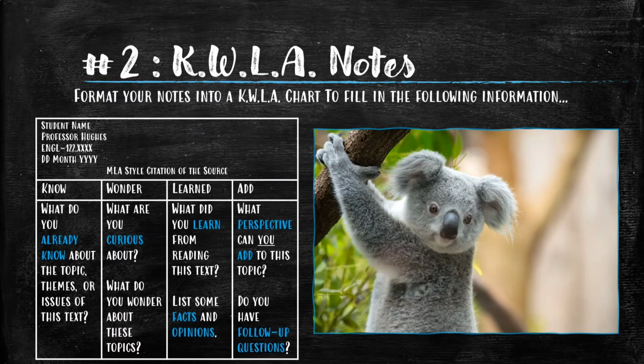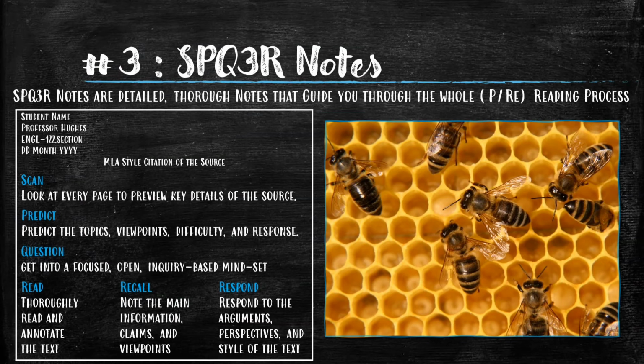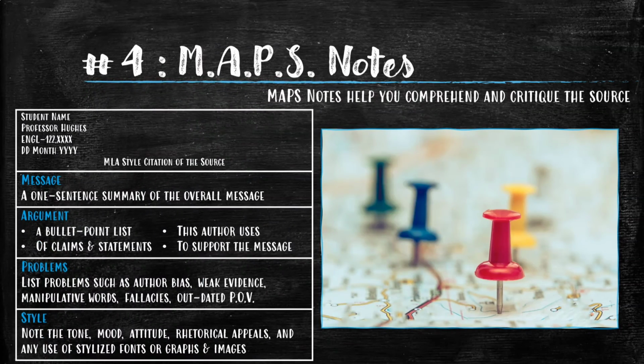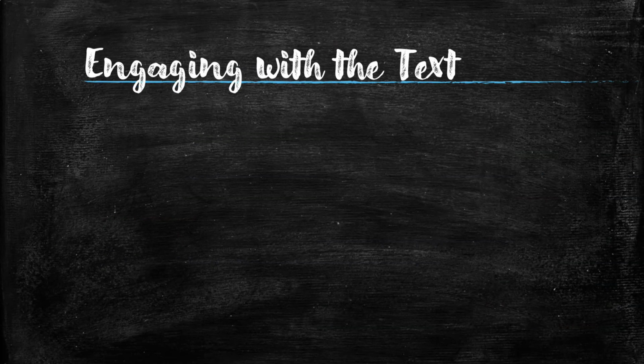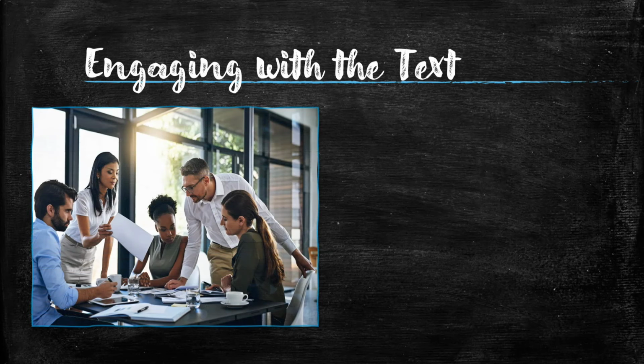So there was TIPS, Koala, the SPQ3R notes, which after this lesson you are more prepared to complete, having gone through the entire reading process, or MAPS notes, especially if you notice that your source had sort of provocative use of language, some problems like bias or being outdated. So after you've scanned your source, after you've taken any notes that you wish to take, you will be ready to engage with the text.